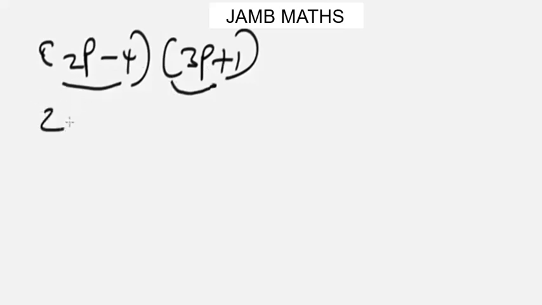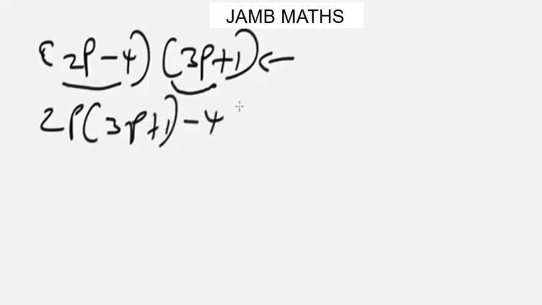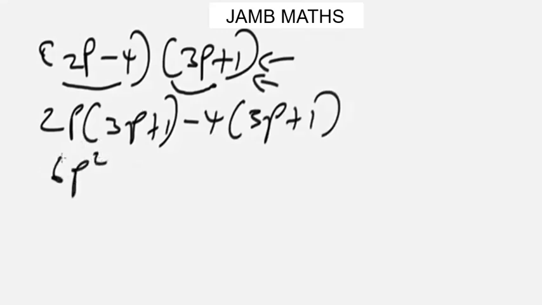This will be firstly 2p multiplied by everything in this bracket, so it will be 3p plus 1. Then this negative 4 multiplies everything in this bracket as well, so you have 3p plus 1. When you simplify this, 2p times 3p gives us 6p squared. 2p times 1 gives us plus 2p.